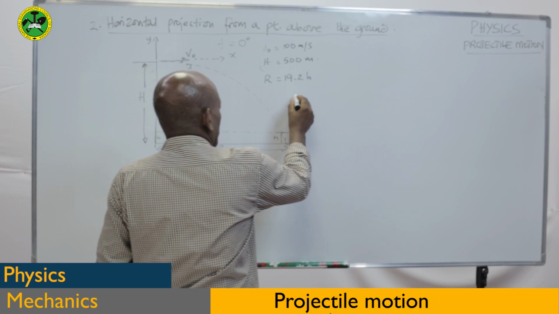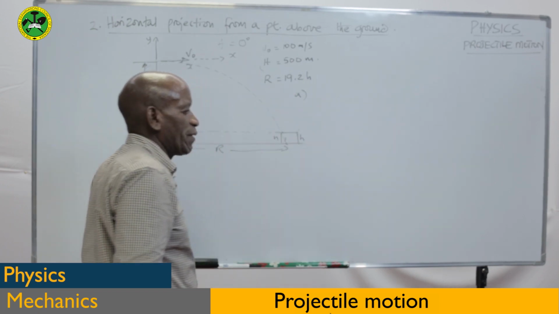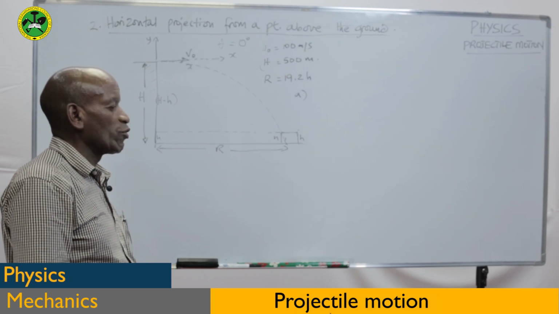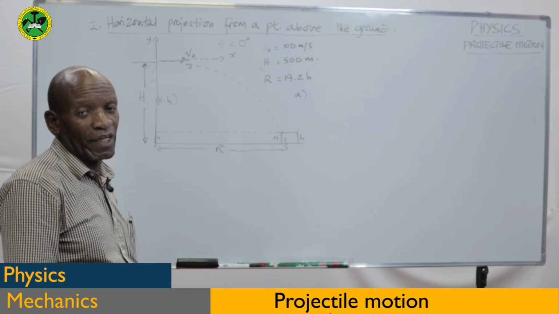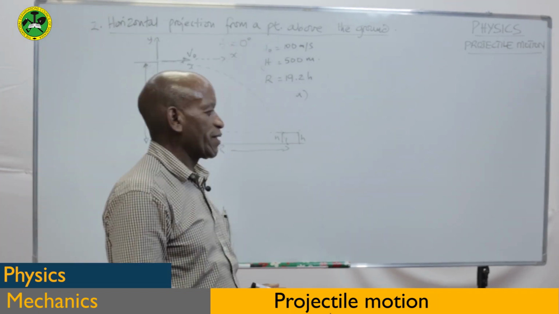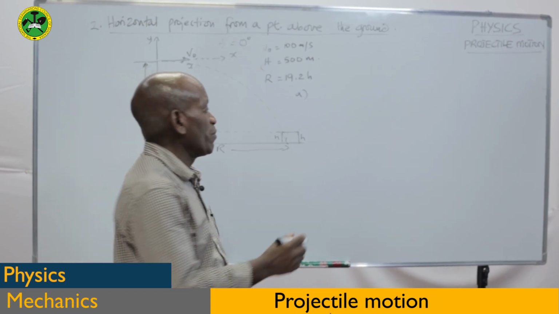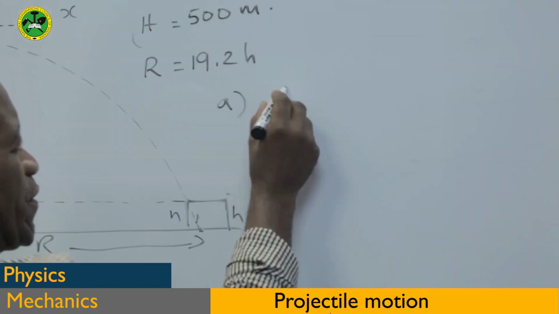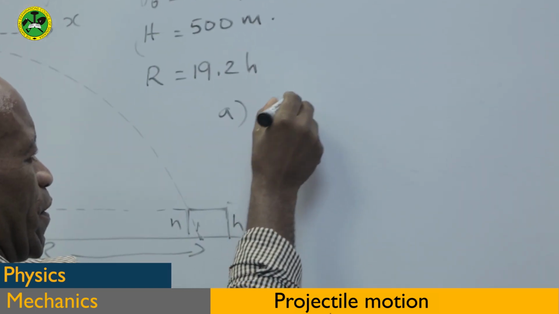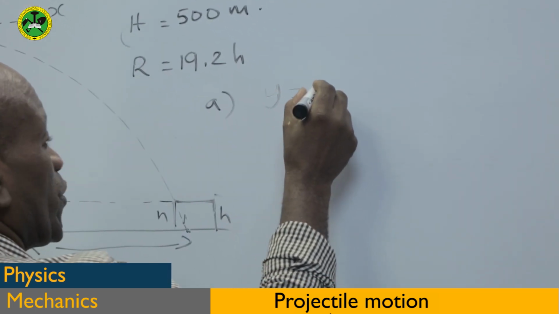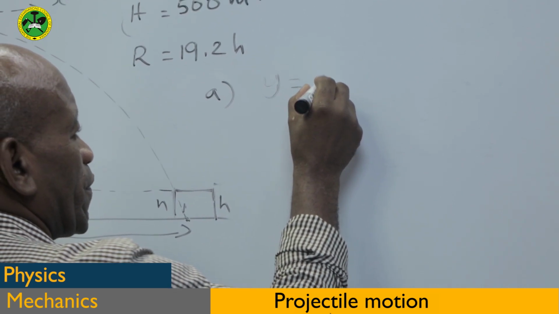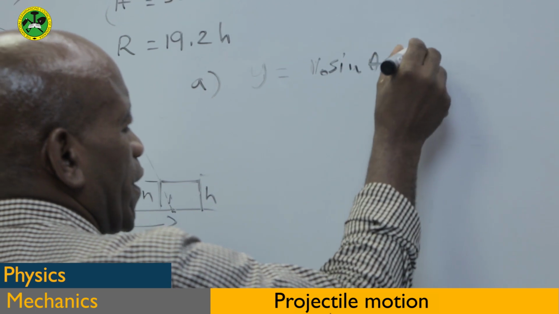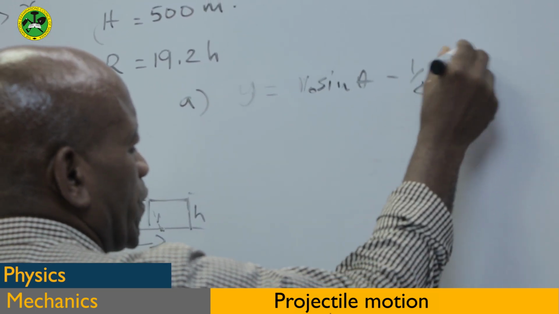That is part A. To determine the time taken to land on the platform, we need to use those particular formulas which had just been derived. We are using the expression y is equal to v naught sine theta times t minus a half times gt squared.